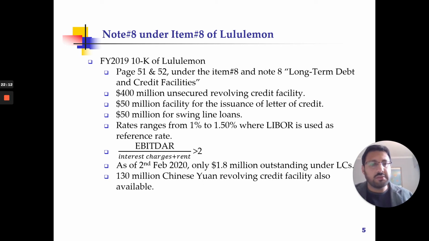And they have not utilized even 1 yuan out of that credit line. It's still available, but they have not utilized anything. So in this context, the company seems out of danger just from reading note 8, under item number 8, of Lululemon.